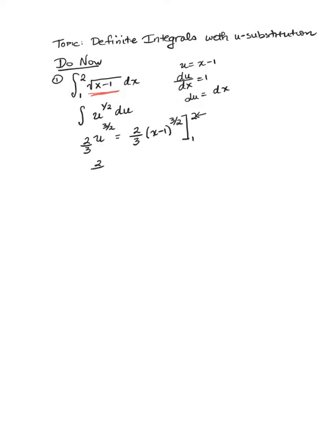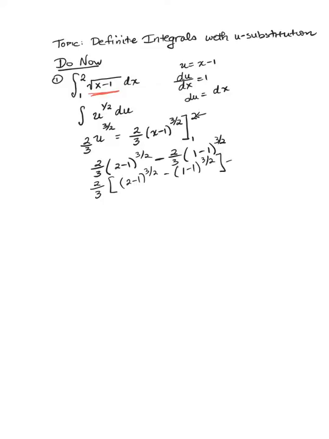So it's 2/3 (2 minus 1) to the 3/2 minus 2/3 (1 minus 1) to the 3/2, or equivalently, we could have factored out the 2/3 and worked on just what's in parentheses, (2 minus 1) to the 3/2 minus (1 minus 1) to the 3/2.